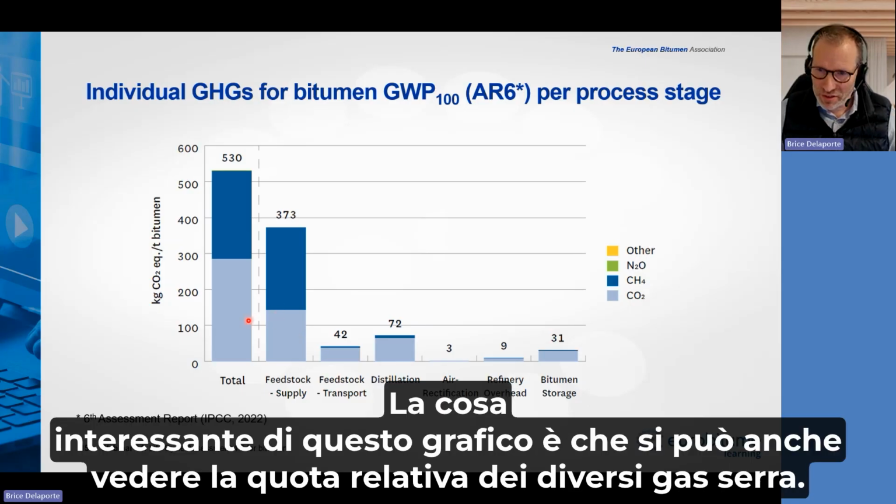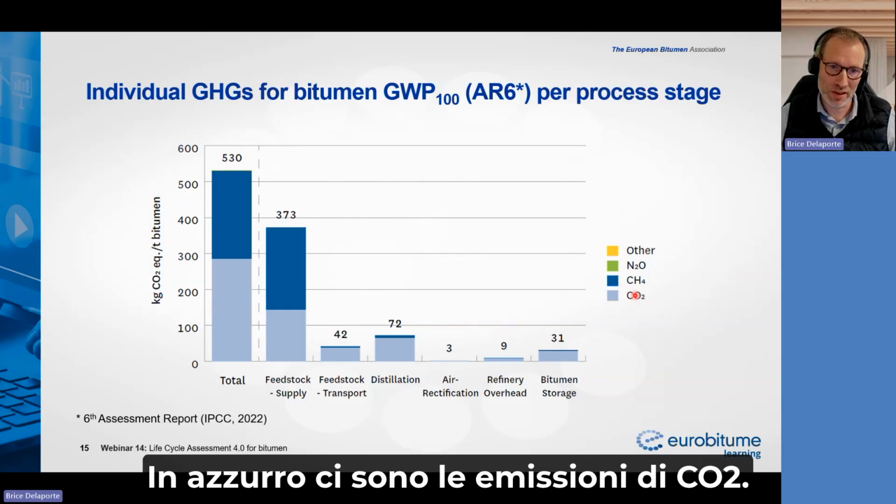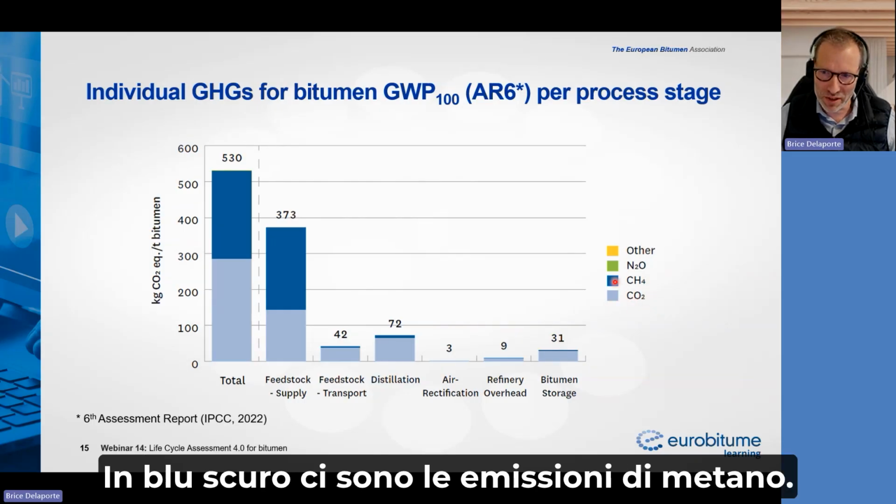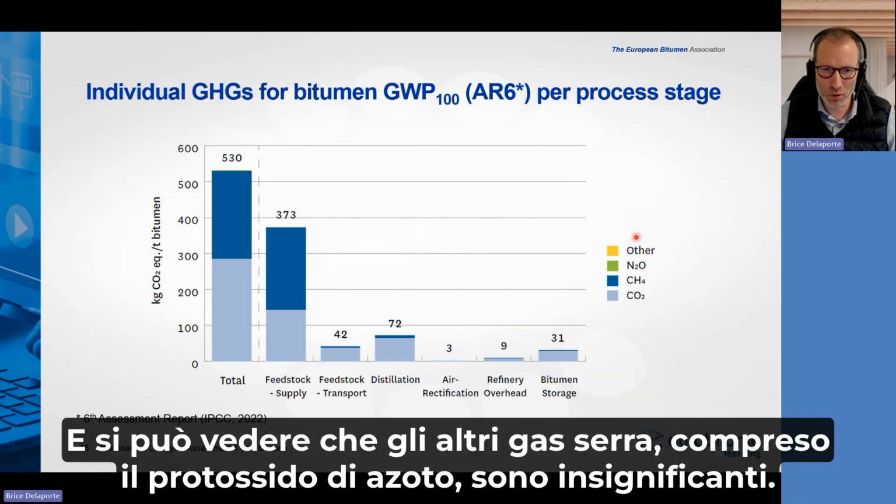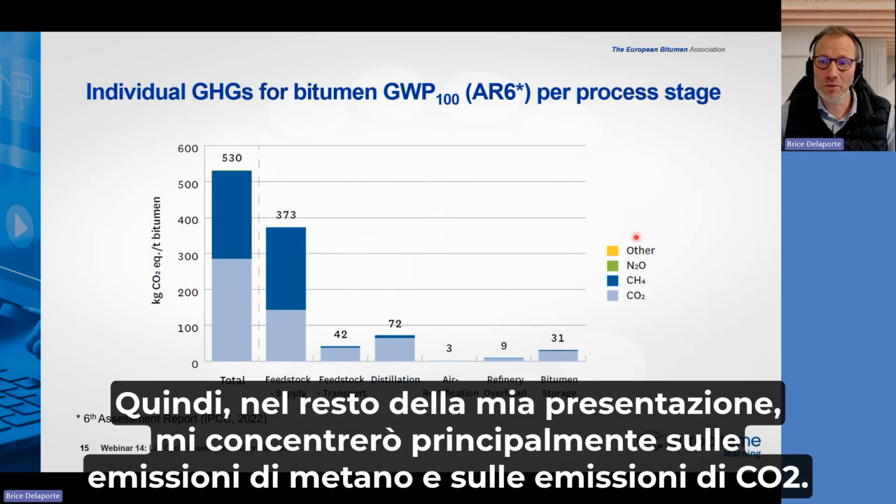What is interesting on this chart is you can also see the effect of the different greenhouse gas. So in light blue, you have the CO2 emissions. In dark blue, you have the methane emissions, and you can see that the other greenhouse gas, including the nitrous oxide, are insignificant. So in the rest of my presentation, I will focus mainly on the methane emissions and the CO2 emissions.